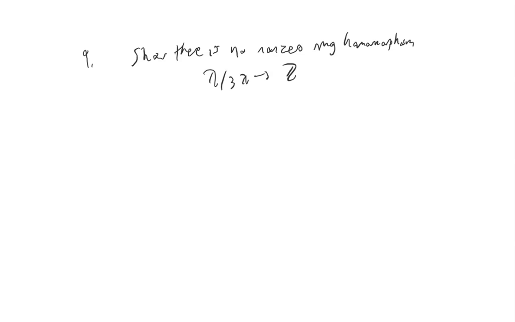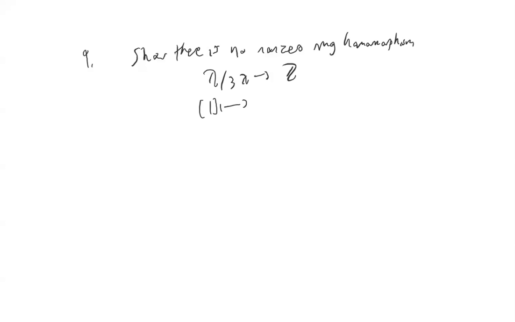Z mod 3Z is cyclic. So do you agree that by the ring homomorphism property, all I need to do is tell you where I send 1? If I sent 1 to 0, this would be just the zero homomorphism, right?